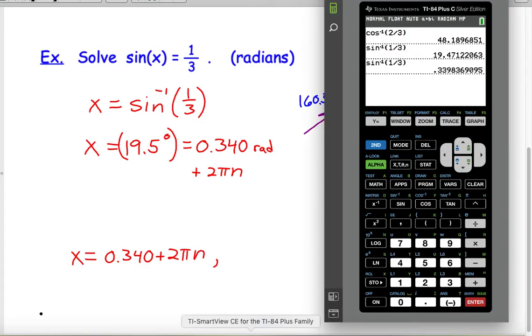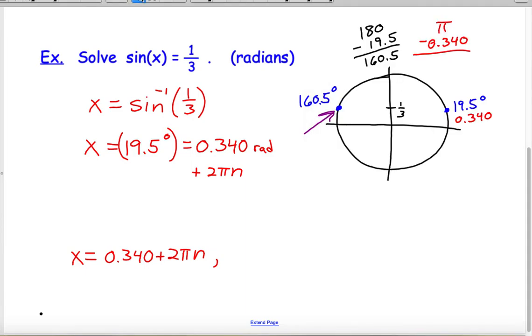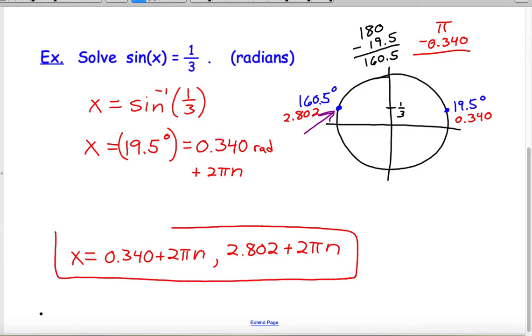So I'll grab my calculator, and I'm just going to hit second pi minus second answer, 2.802. So let me write that, 2.802. So that's going to be my other answer, 2.802 plus 2 pi n. And there we have our two answers.